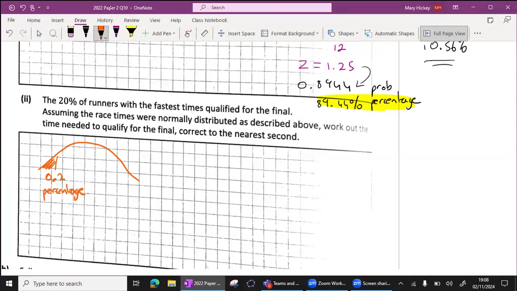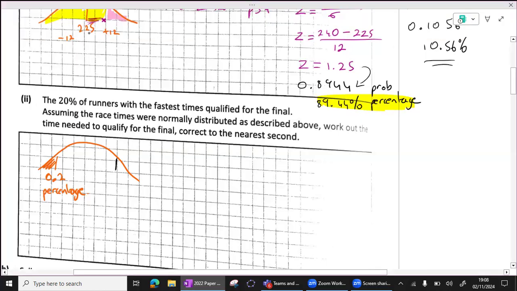Now, what do I do in this scenario? Well, I think about the fact that normal distribution curves are symmetrical. So hopefully you'd agree that 0.8 should be the same z-score as 0.2, except with opposite sign.